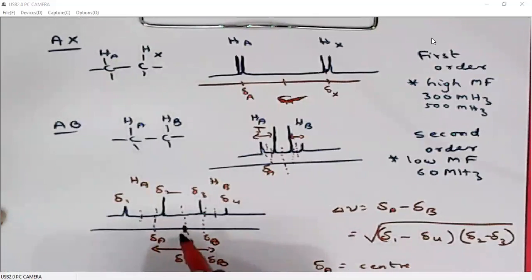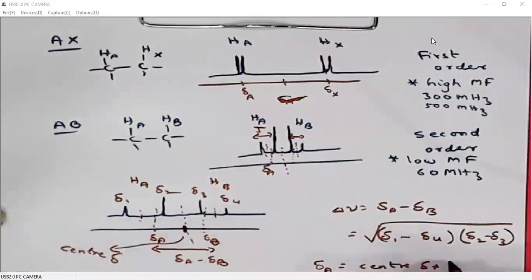So this is the center delta. So delta A is the center delta plus half of delta A minus delta B. How do we measure delta B? It is again the center delta minus half of delta A minus delta B.